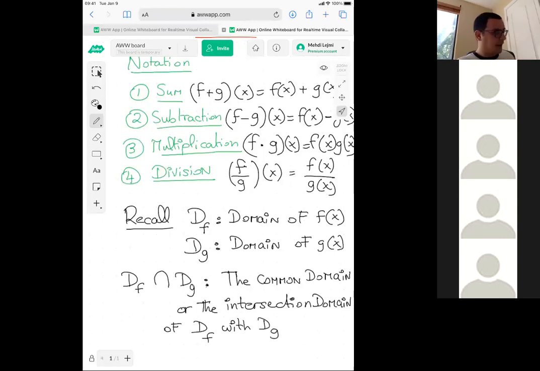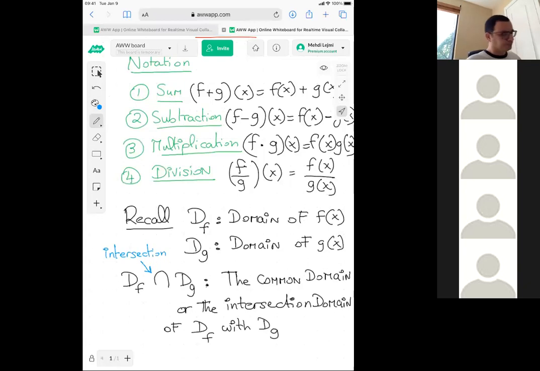So again, be careful, guys, with the notation. Intersection is denoted by this reversed capital U. This symbol here means intersection. That's the intersection between the two domains, right?